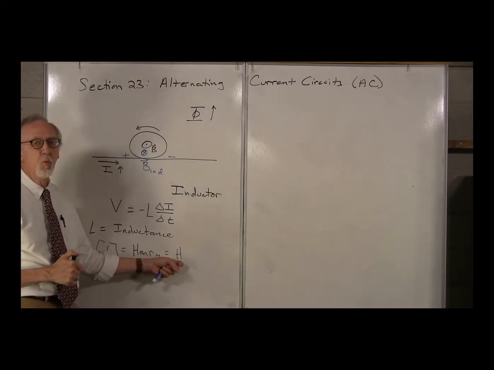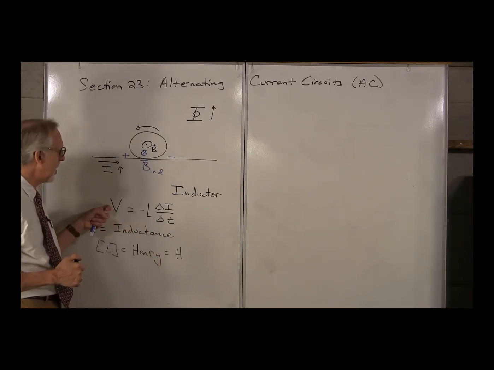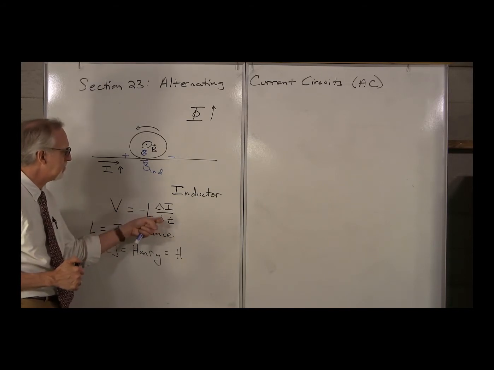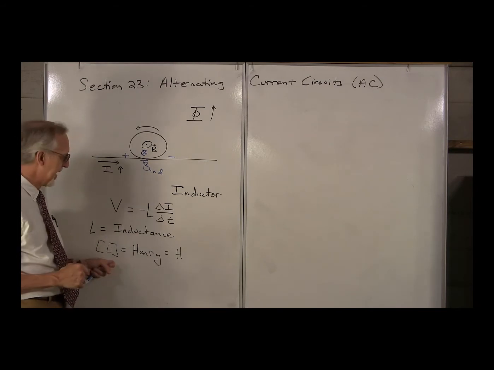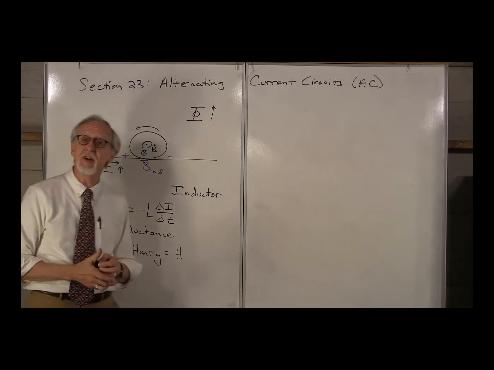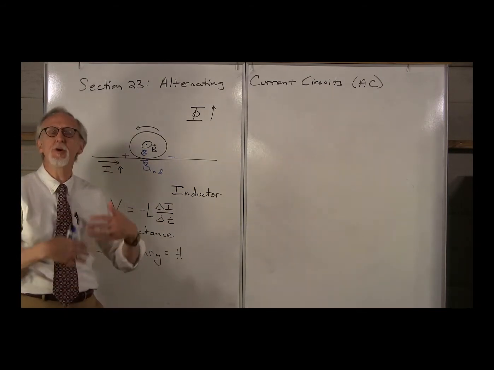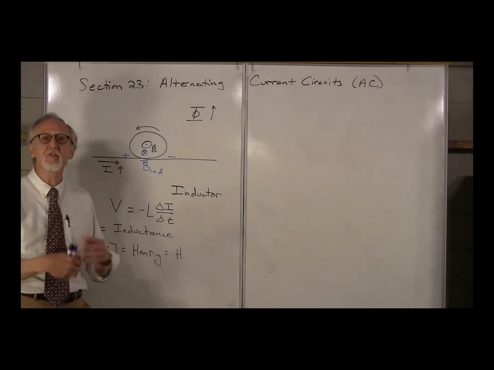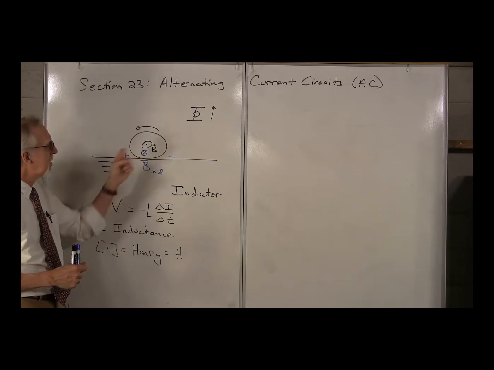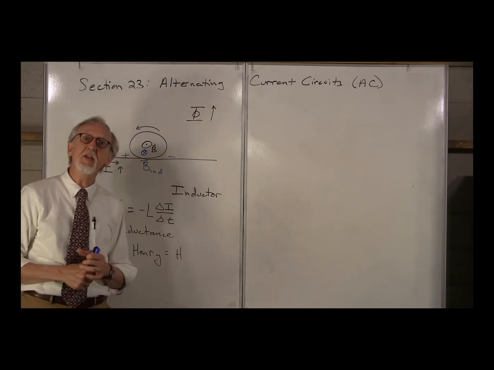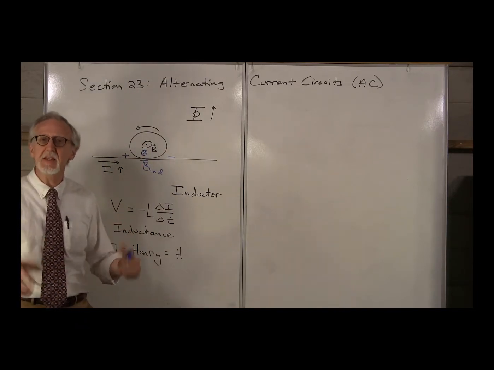And just remember, 1 Henry is the same as 1 volt times a second divided by an amp. So 1 volt second per amp. That's a Henry. That's the standard SI unit, so just remember, anytime you put everything into standard SI units, you'll always get the standard SI unit out. Very, very good. Well, let's put one of these inductors into an AC circuit and see what happens.